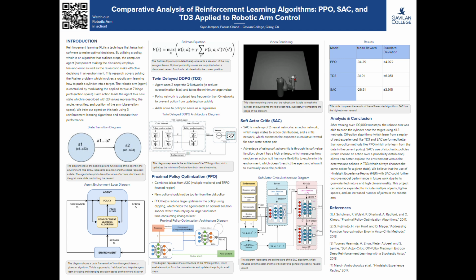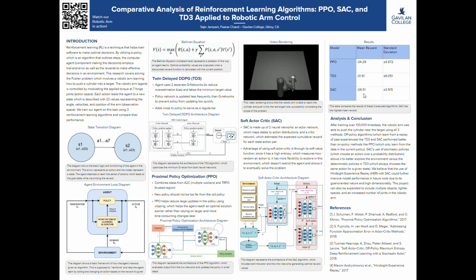So now that we have a general understanding of these three policies, we're now going to observe the results after execution. Essentially, as you can see here, the mean reward for PPO is negative 34.29. The mean reward for TD3 is negative 31.91, and for SAC it is negative 26.51.